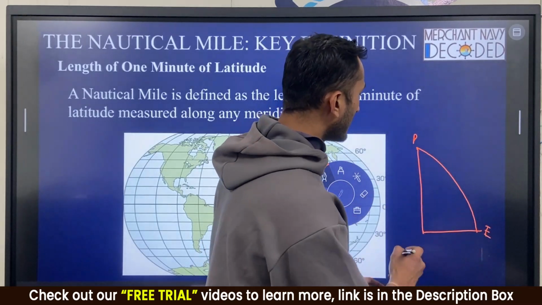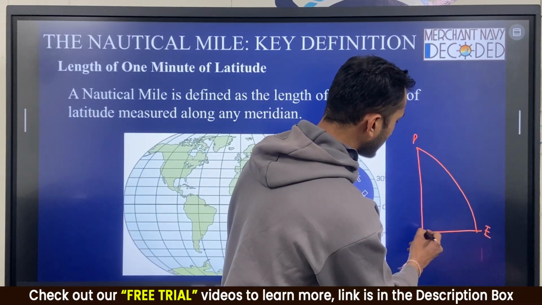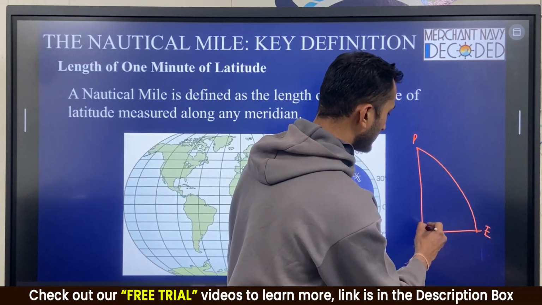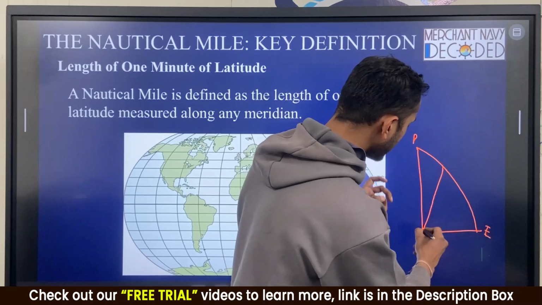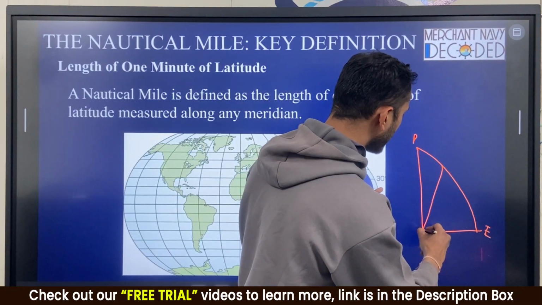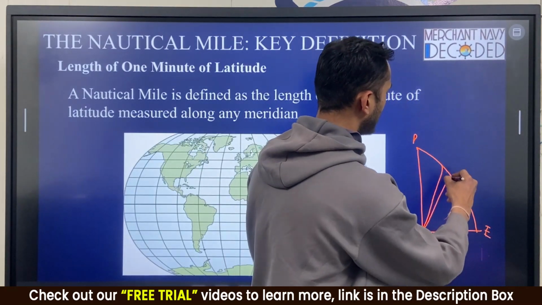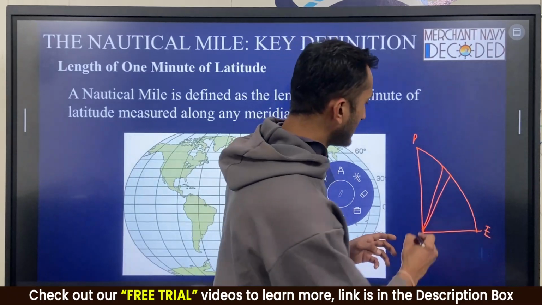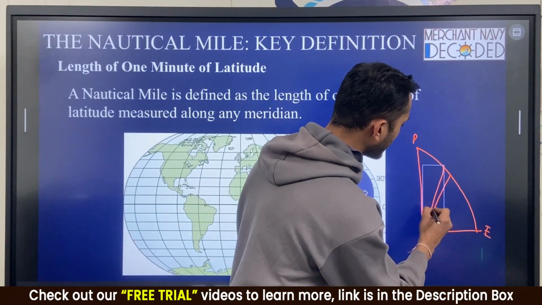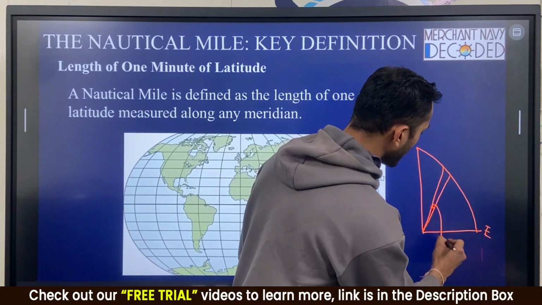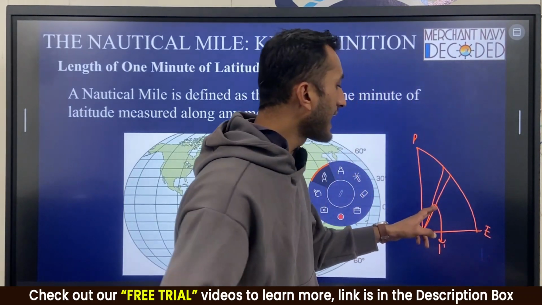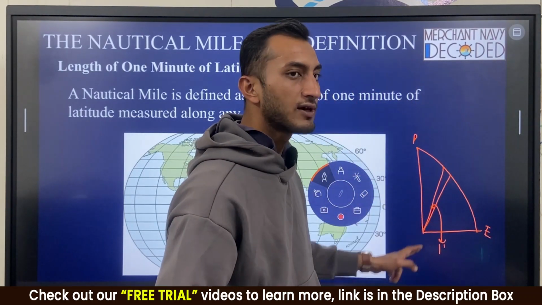Now I take one line and I join it over here. I take another line from the center of the earth and join it over here. Now the angle between the two lines is 1 minute.